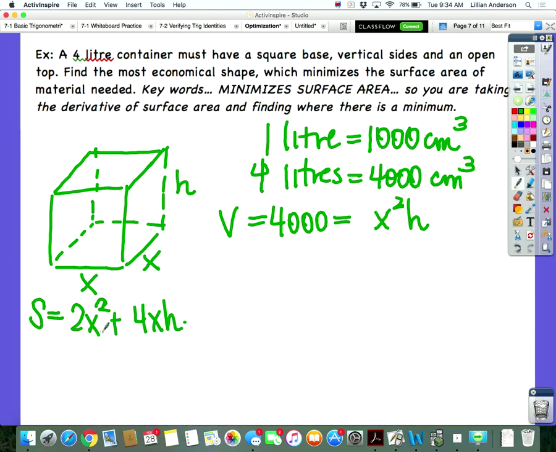The easiest variable to solve for clearly is going to be what? h. How do I solve for h? Divide by what? x squared. And then this is what you plug into this h.